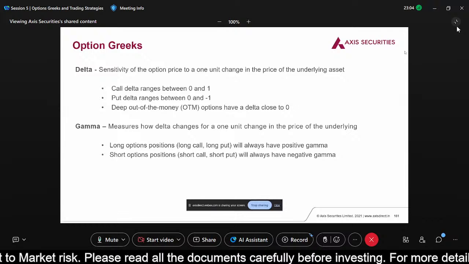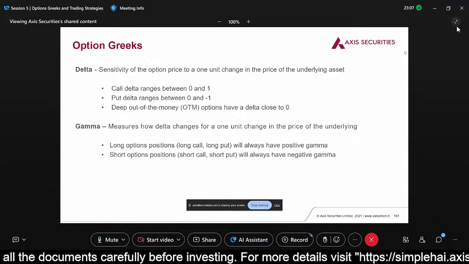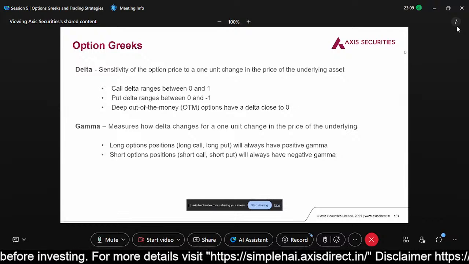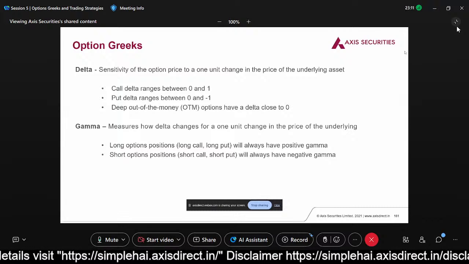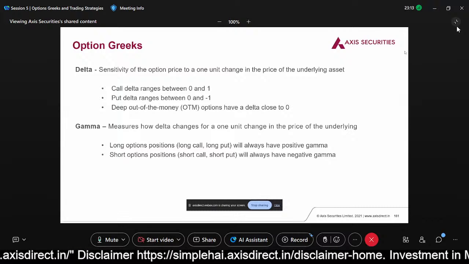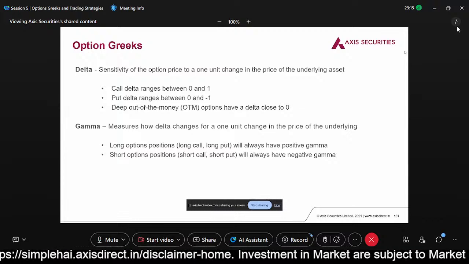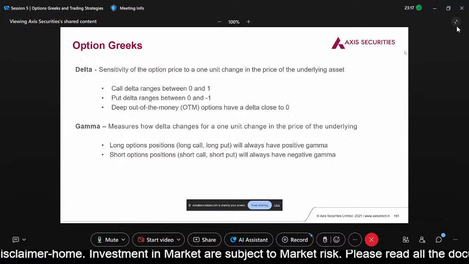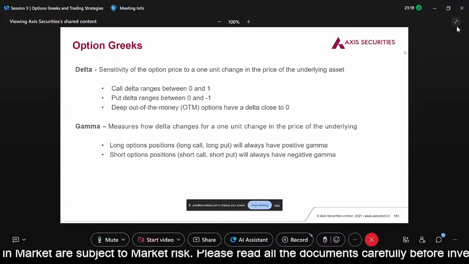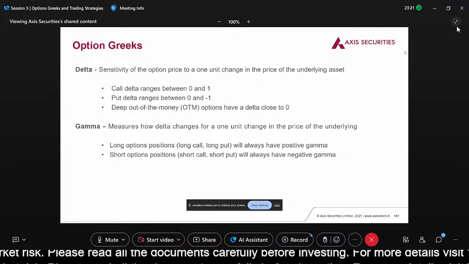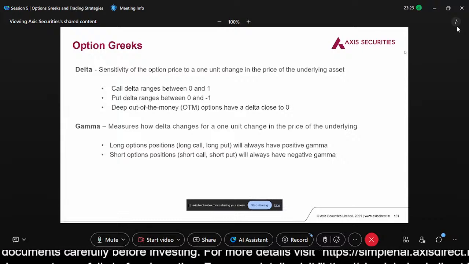So for in the money options, the more the strike price is in the money, the delta tends to go towards 1. And the more it is out of the money, the more the delta goes towards 0. I hope you get it, guys.